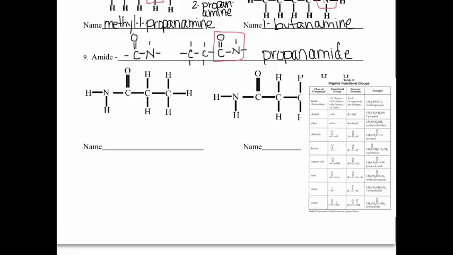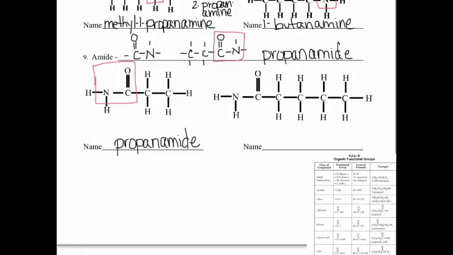So let's look at our example here. We have that C double bond O with a nitrogen, so I know I have an amide. It is 1, 2, 3 carbons long, so I would normally call that propane. I'm going to drop the E and add amide. Hey, that's the same as the one from table R. Let's do a different one.